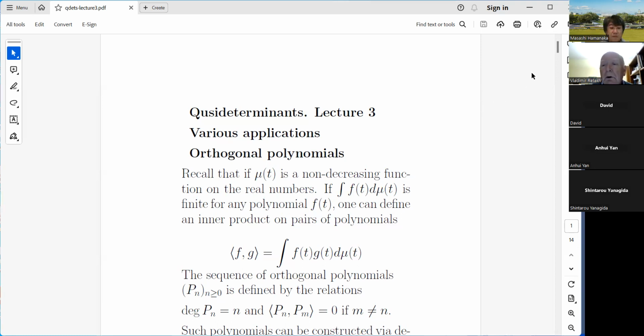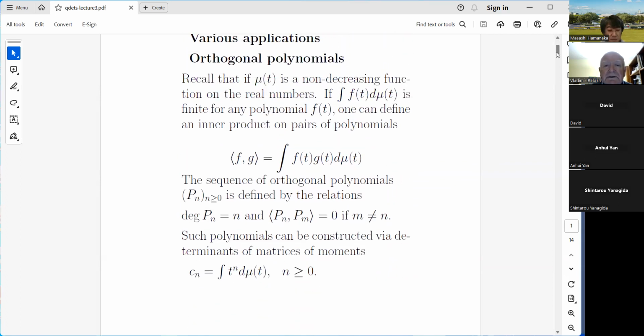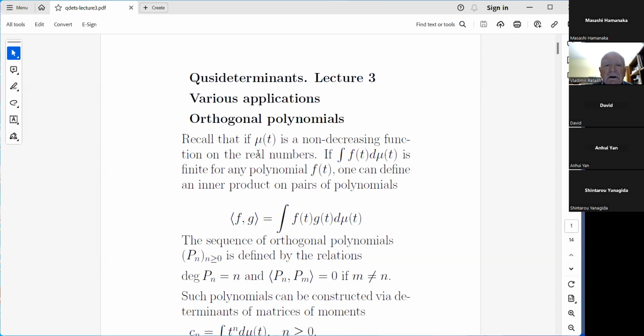I will continue with various applications of quasi-determinants, and I will start with non-commutative orthogonal polynomials. Recall that in classical mathematics, if you have a function on real numbers, a sort of measure, and the integral over this measure of any polynomial is finite, then you can define the inner product of pairs of polynomials given by this integral.